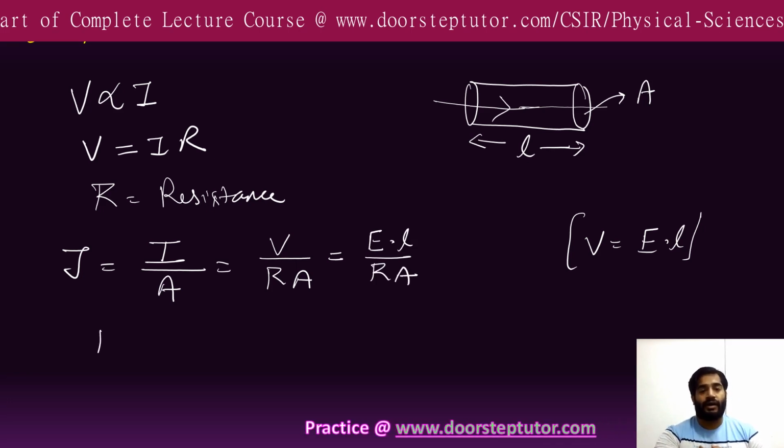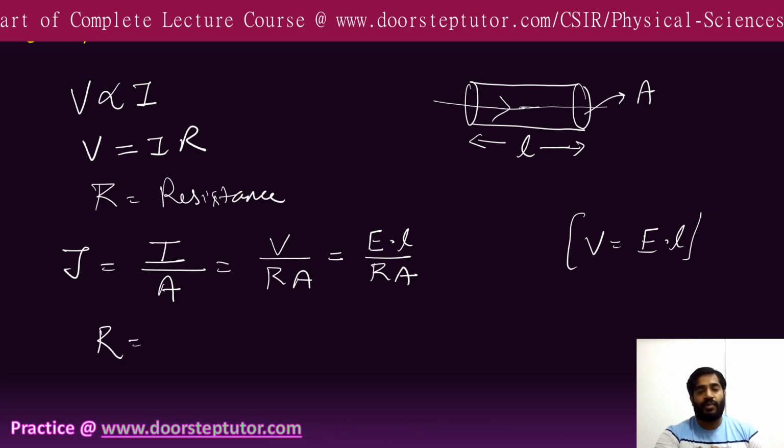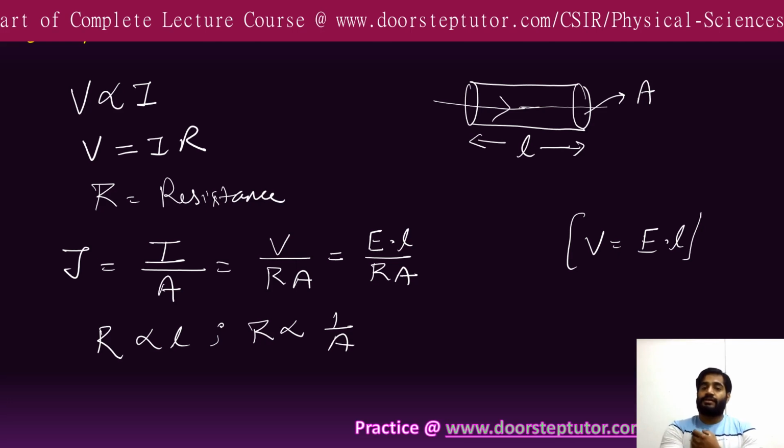Now what is R? R is the resistance, which depends upon length, and resistance also depends on the cross section area. Meaning a thick wire has more cross section area, so resistance is very low.